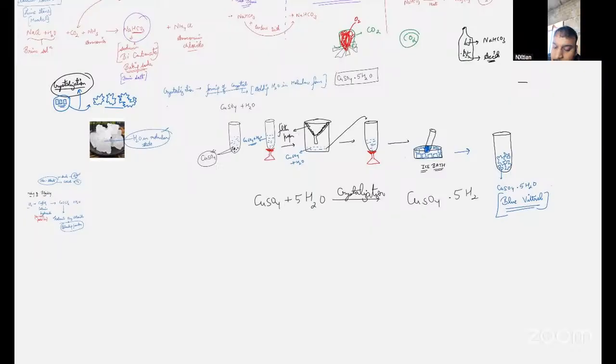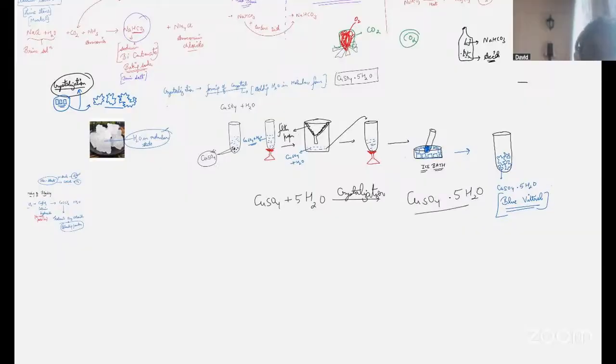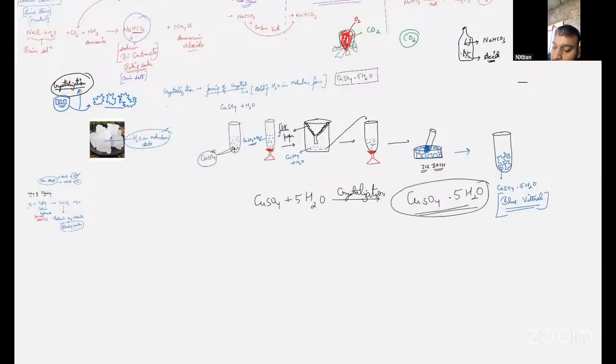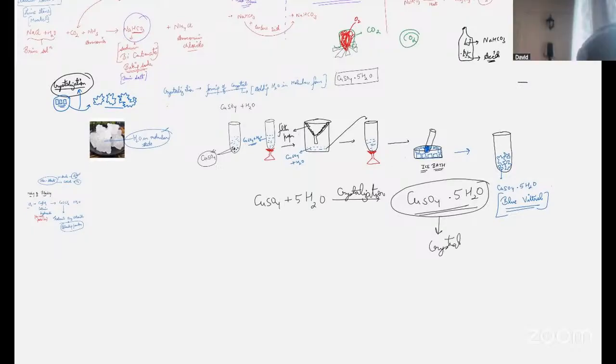Means with the help of crystallization, the water which was added is now in the crystal form. So 5 H2O means water is added into a molecular form to get the crystal. This is the meaning of that.